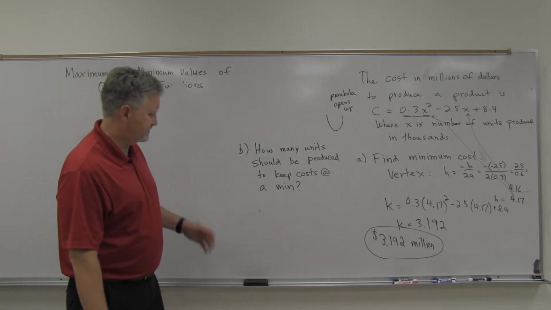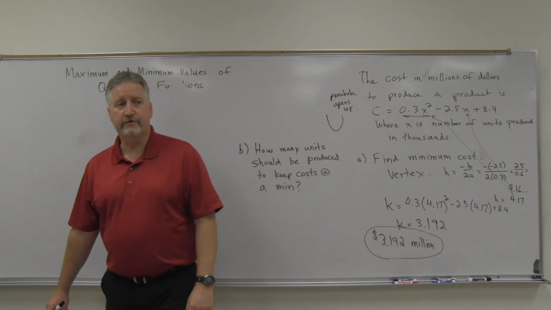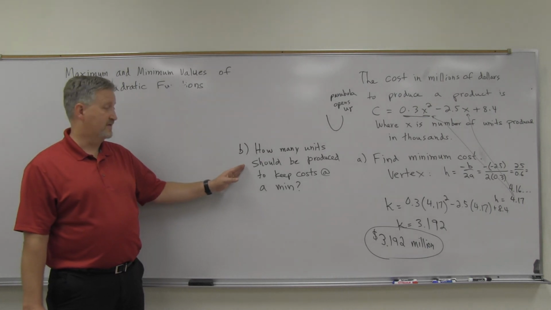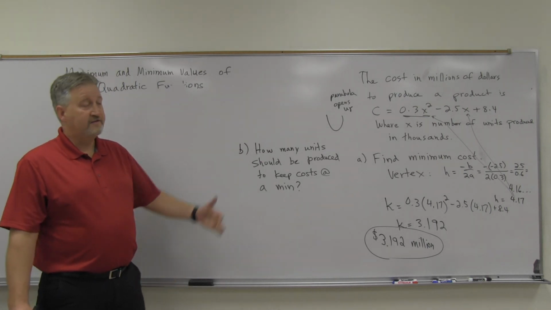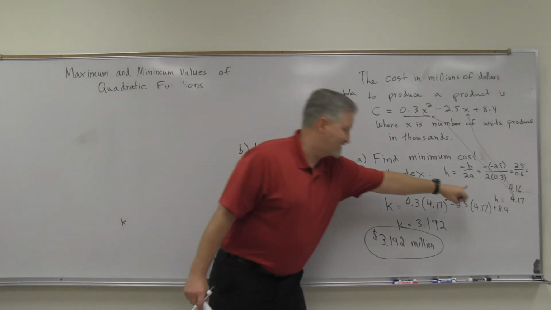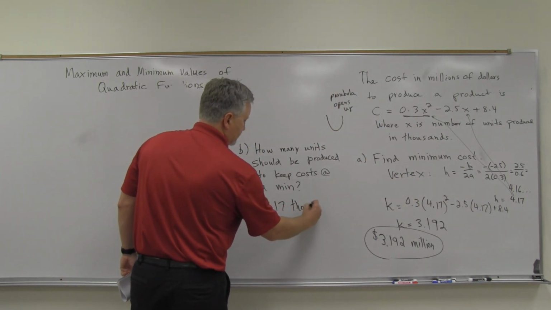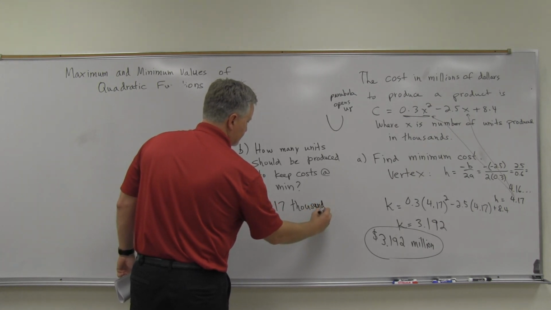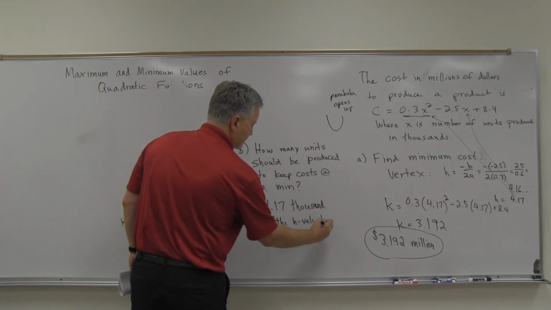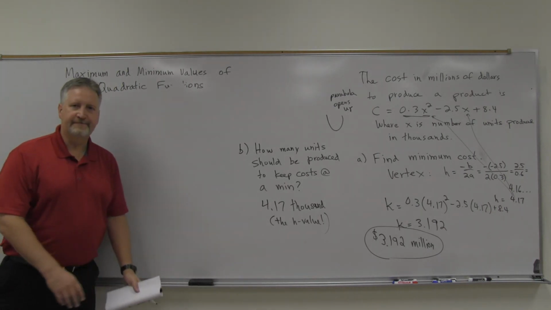It's just a matter of interpreting what we've got. The minimum cost we know is 3.192, so this is asking, how many units should be produced to give me that minimum cost? And the answer is the x value that gave me the minimum cost, which is the h value, 4.17 thousand. Okay? Question or concern? All good with that?